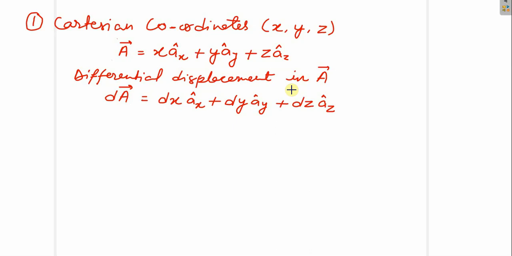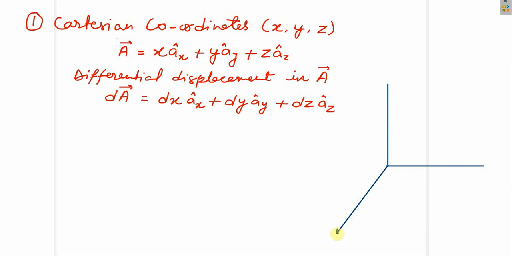Now I'll try to make you understand with a three-dimensional figure. Let's say in three dimensions we have the three axes. Right from the beginning we have been in the practice of drawing the figures like this, so it is very easy for you to understand.